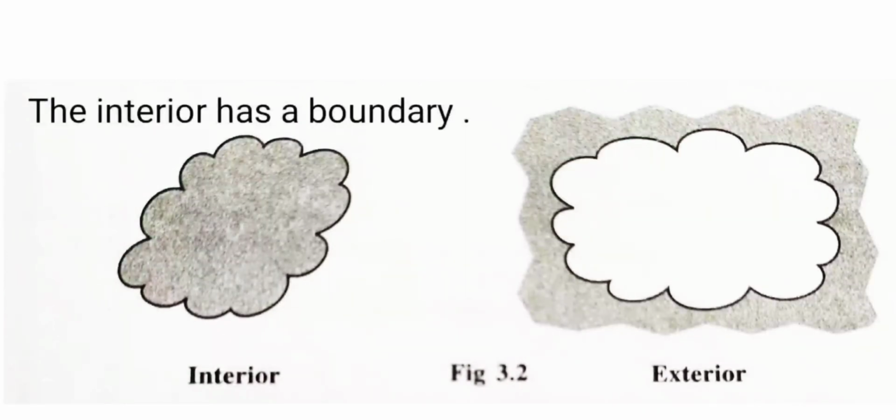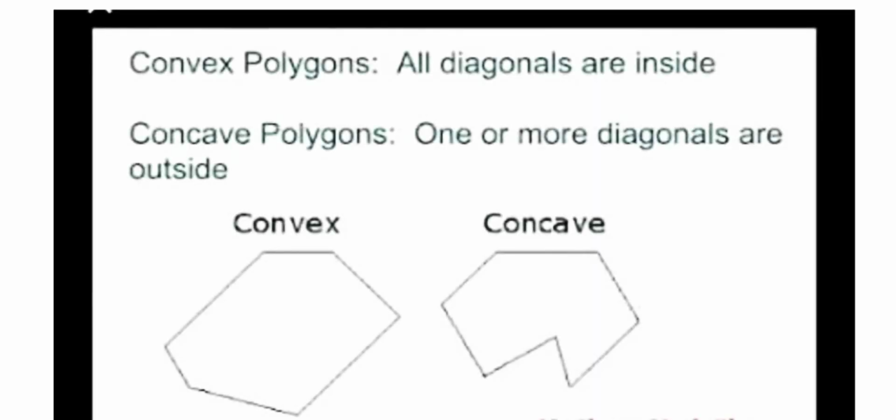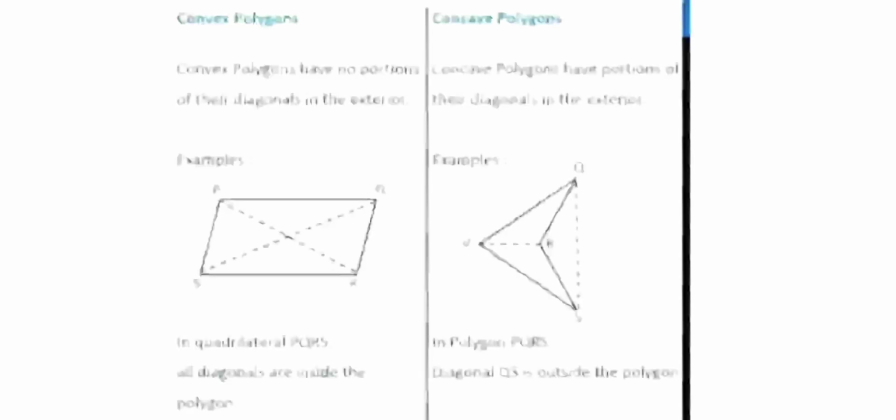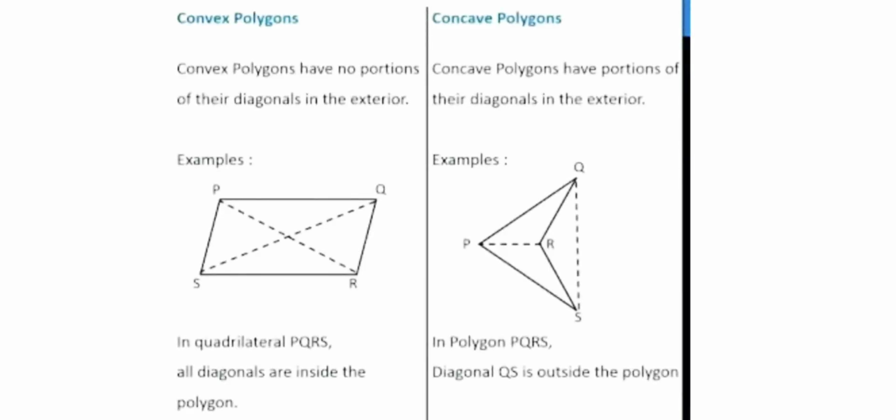Next are convex and concave polygons. In a convex polygon all diagonals are inside, and in a concave polygon one or more diagonals are outside, at least one diagonal is outside. In this figure, you can easily identify which one is convex and concave. This is the comparison between convex and concave polygon. On the left hand side, consider PQRS a quadrilateral where PR and QS are two diagonals that lie inside, so it is a convex polygon.